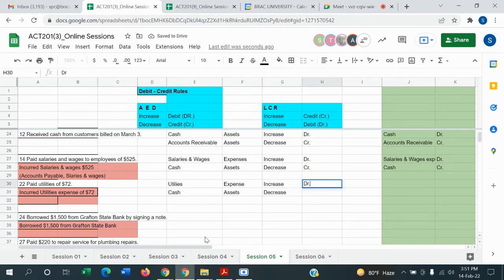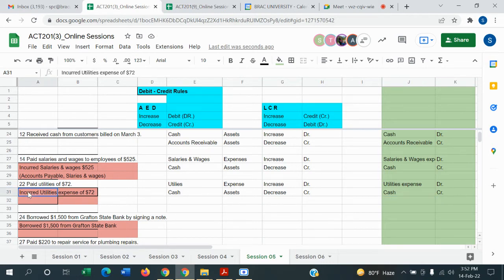If expense increases, it should be debit. If asset decreases, it should be credit. So we should write it down: utilities expense, debit, cash, credit. That's how we should record into the journal.